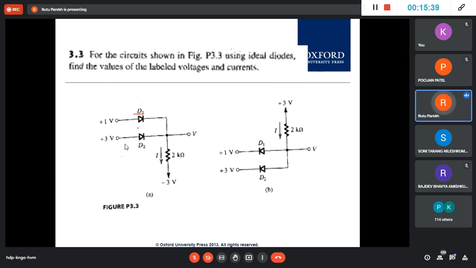So, this is short. So whatever voltage is here will appear here, or whatever is here will appear here. But now this is +3 volt and this is +1 volt. So which voltage will appear is the question. Okay, 1 is right I'm saying, but then what about +3 volt? So what do you think? 1 volt will appear or +3 volt will appear?